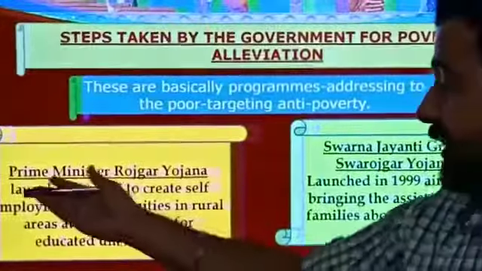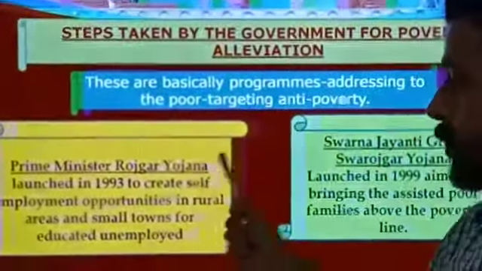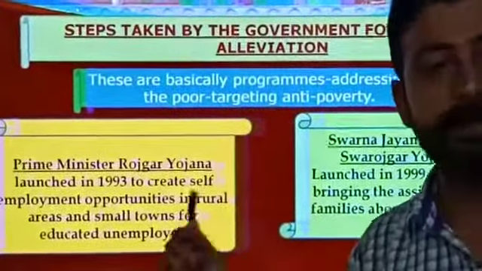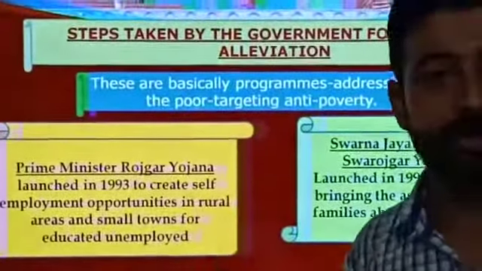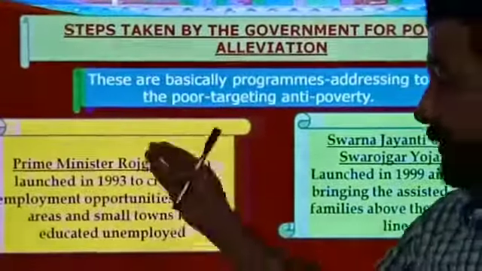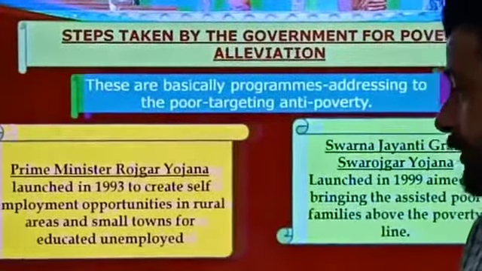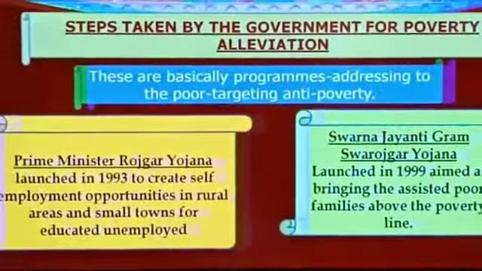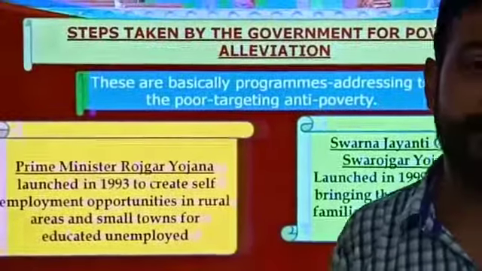The first one mentioned is Prime Minister Rozgar Yojana. It was launched in 1993. In a multiple choice question, they can ask you when Prime Minister Rozgar Yojana was launched. At that time, you will write 1993, to create self-employment opportunities for the educated unemployed in rural areas and small towns also.